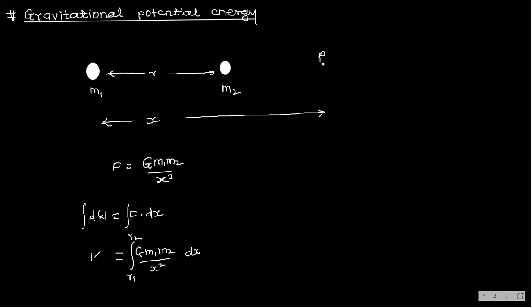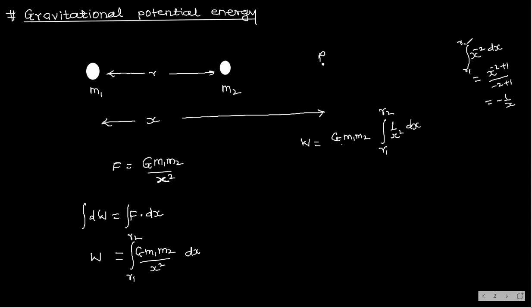The integration of dW is W, and W is equal to G m1 m2 into the integral of 1 by x square dx from r1 to r2. I can write 1 by x square as x power minus 2 dx. The integration of this is x power minus 2 plus 1 divided by minus 2 plus 1, which is minus 1 by x, from r1 to r2.